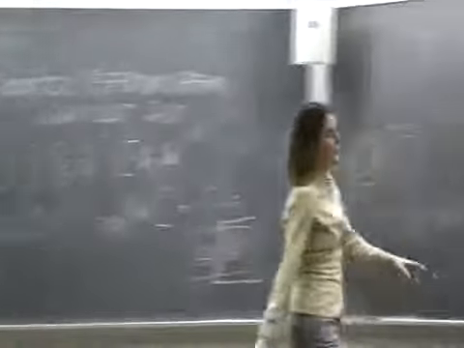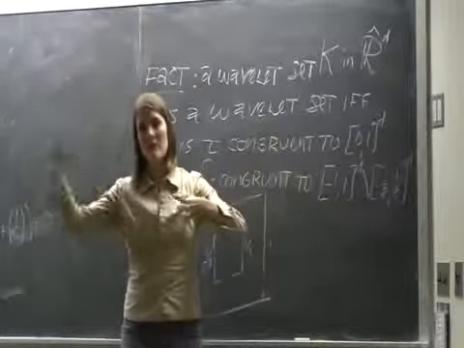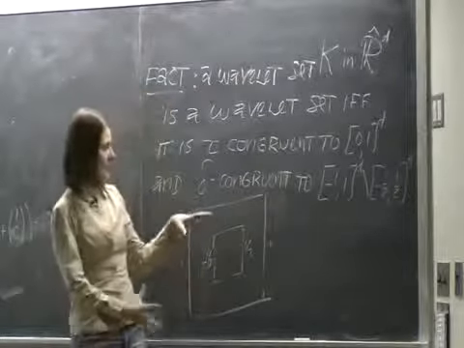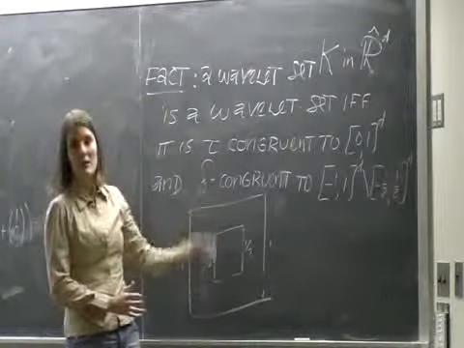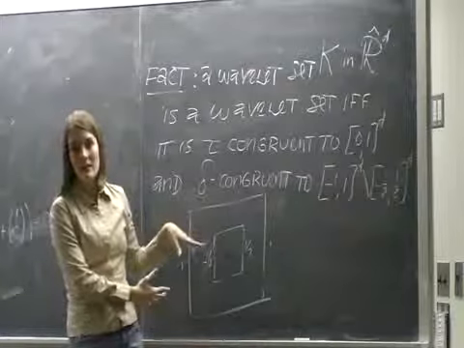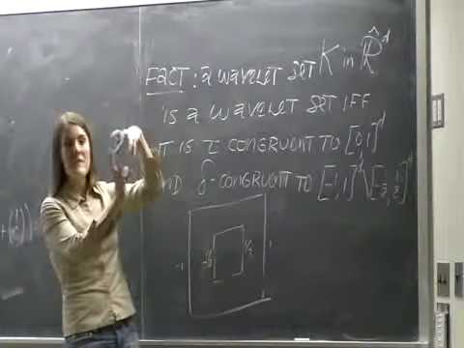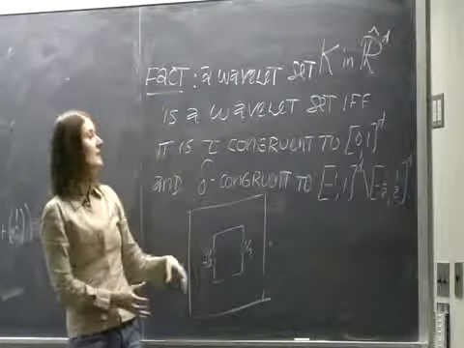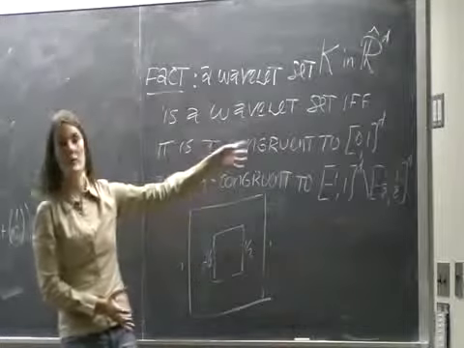Basically what you're doing here, you're taking all the dilations and summing up all the values. So you're saying, if I shrink this in and stretch it out, how different is it going to be than if it was just flat on this piece? Am I going to get big spikes? If I'm getting big spikes, then there's a lot of support contained in a way that wouldn't be in a wavelet set.